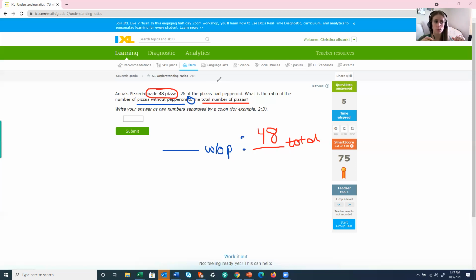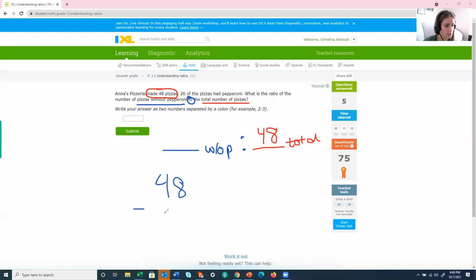No, it wants us to compare without pepperoni to total. How am I going to do that? They didn't tell me. They just told me how many have pepperoni. We can subtract. If we know that 48 total pizzas were there and 26 of them had pepperoni, we can subtract to see how many were made without pepperoni.